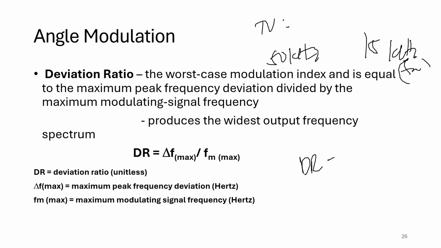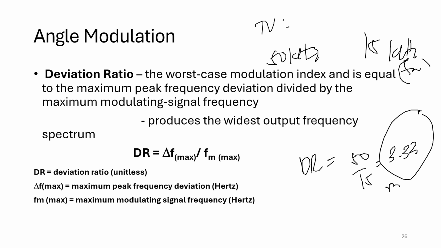If we solve for the deviation ratio, that will give us 50 divided by 15, approximately 3.33. This is what we are going to look for in the Bessel function table, and we will use that as our M.